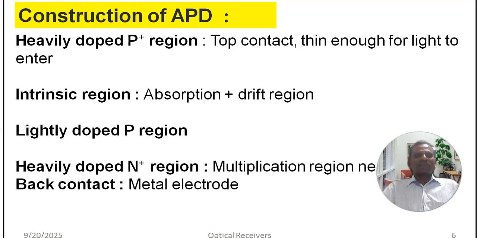The third layer will be a lightly doped P region, which is very near to the heavily doped N plus region, where the multiplication process generally takes place. Here the multiplication region is very near, and the last will be your contact of metal electrodes. So this will be your construction.